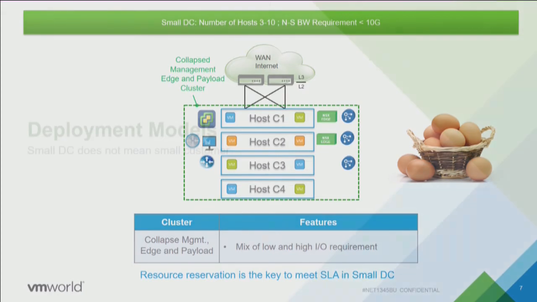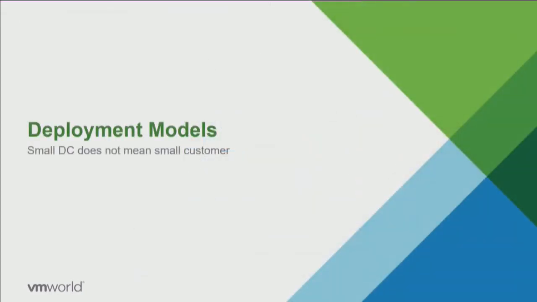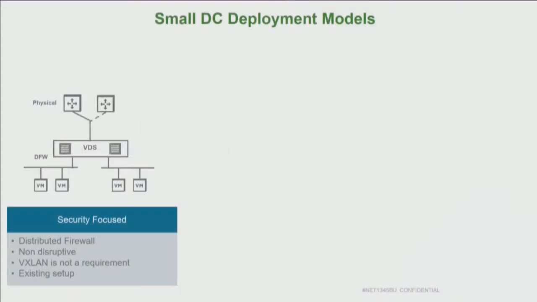Okay. Now let's take a look at the deployment models. What are the most common and most widely deployed deployment models out there with NSX? So the number one deployment model is the security-focused deployment model. This is where the majority of our customers are starting their NSX journey. Why? Because this is a non-disruptive model.